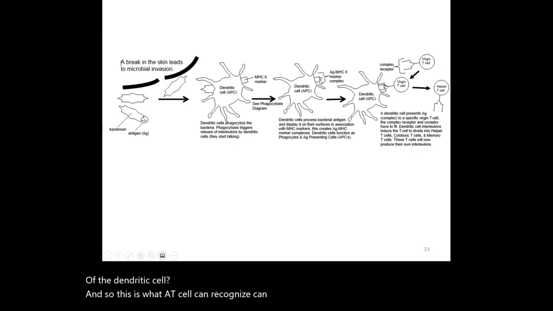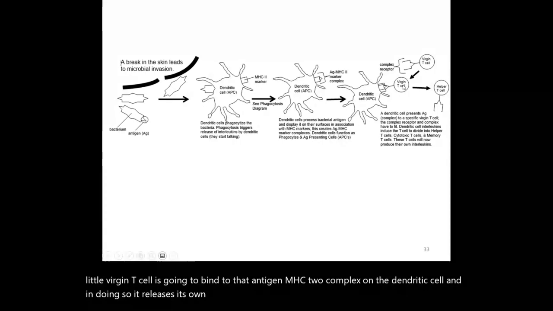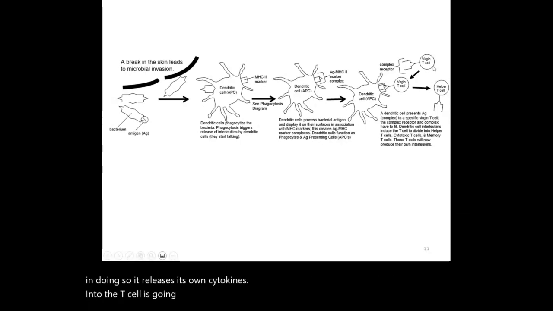It can only recognize digested antigen. And so this little virgin T cell is going to bind to that antigen MHC2 complex on the dendritic cell. And in doing so, it releases its own cytokines, and the T cell is going to divide into various types of T cells.